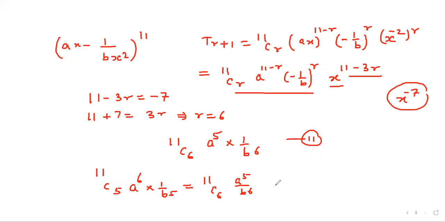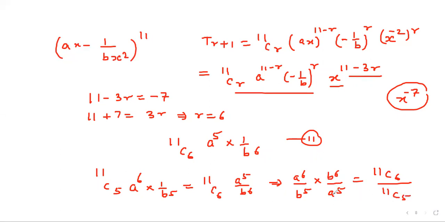So we arrange a power 6 divided by a power 5 multiplied by b power 6 divided by b power 5 equal to 11C6 divided by 11C5.